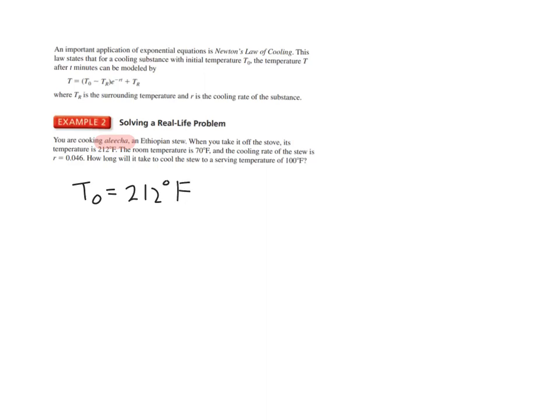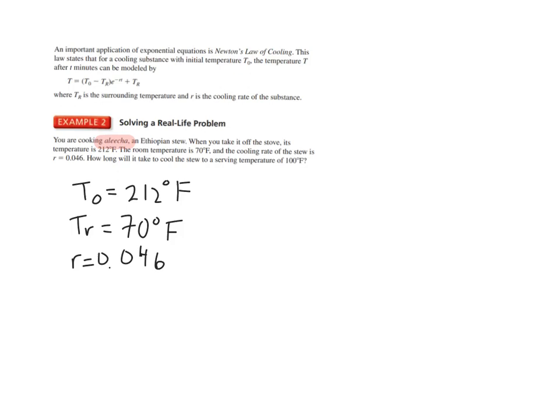And then the temperature of the room, right? So that's going to be our T sub R, because that's the surrounding temperature. So T sub R is equal to 70 degrees Fahrenheit. And the cooling rate of the stew is that 0.046, right? So r is, and I'll put the 0 there too, 0.046, okay?